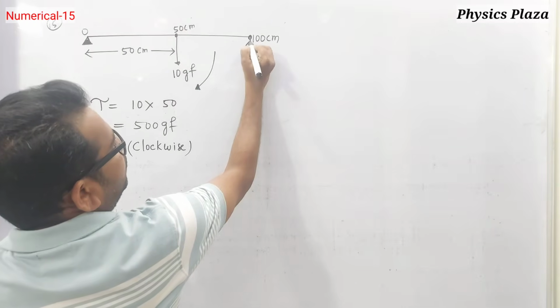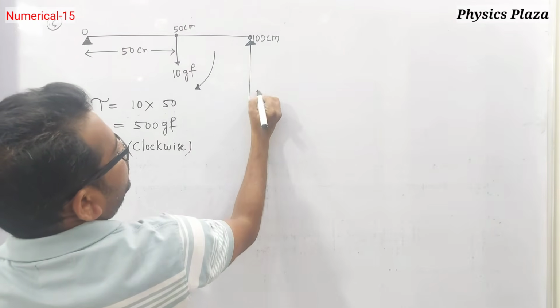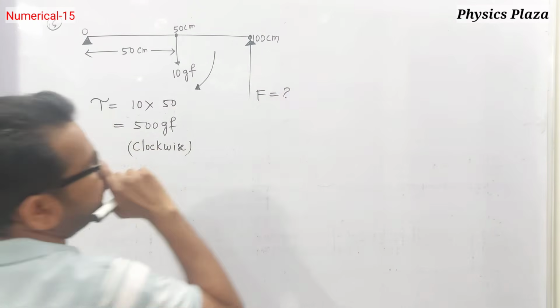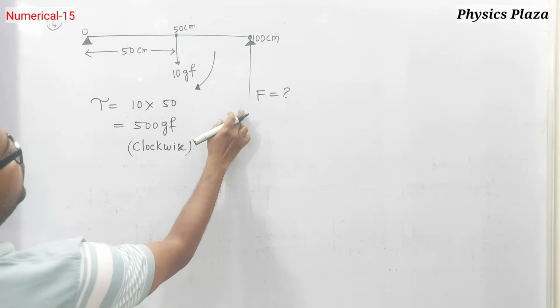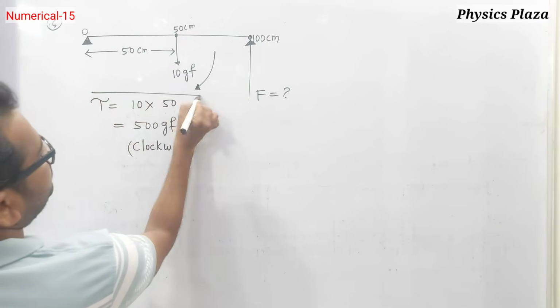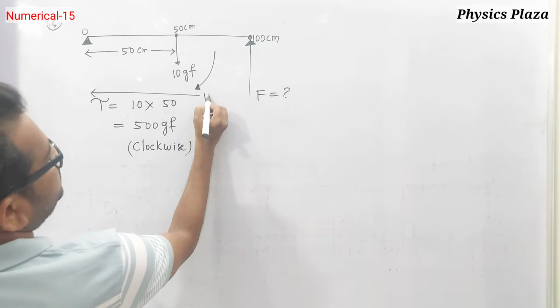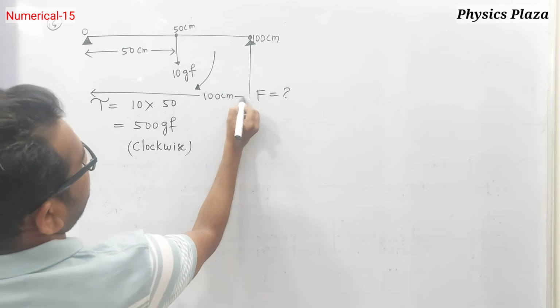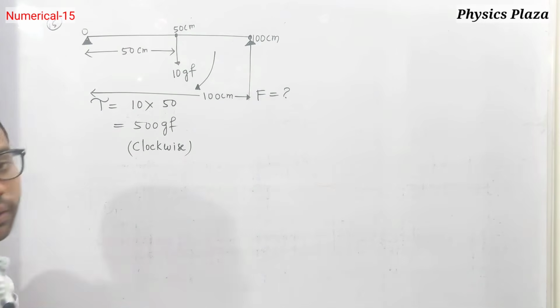So how much force are you going to apply to keep it balanced? For this, children, what is the perpendicular distance? You should take the perpendicular distance from here. It is going to be 100 centimeters. So we need to calculate the F value.